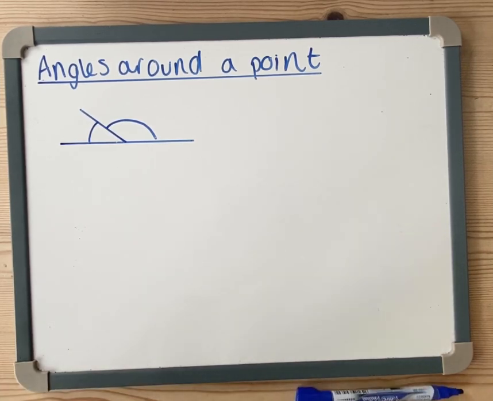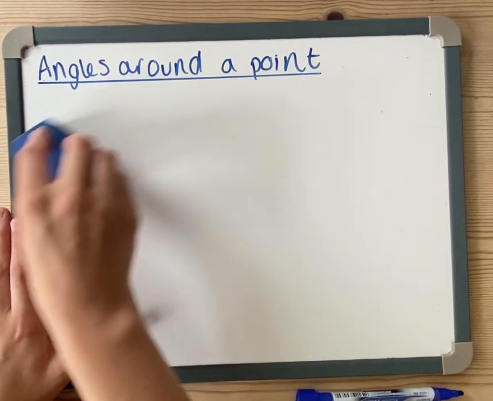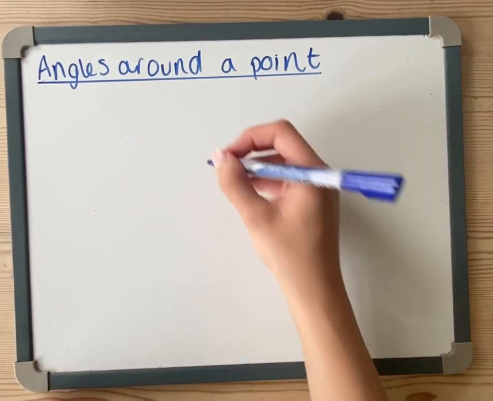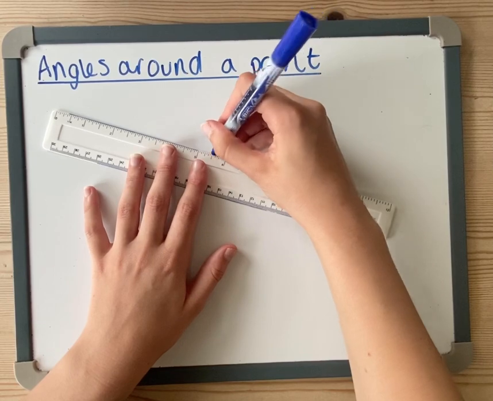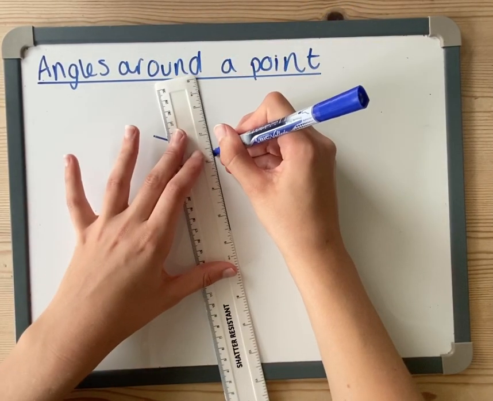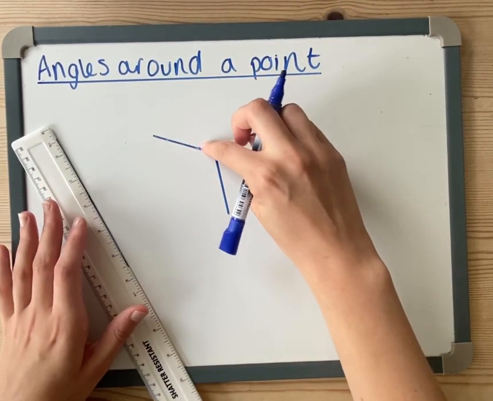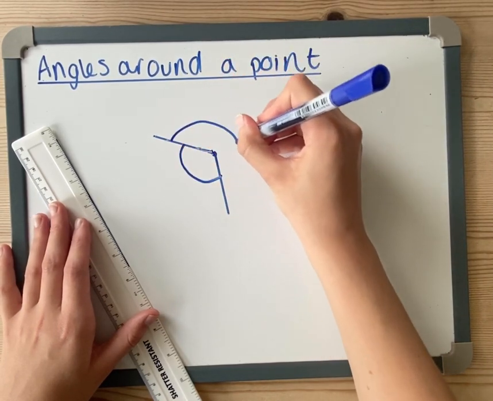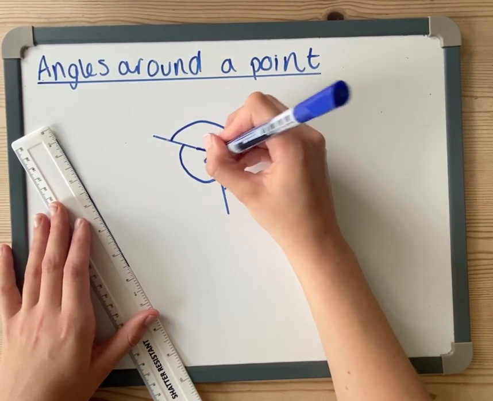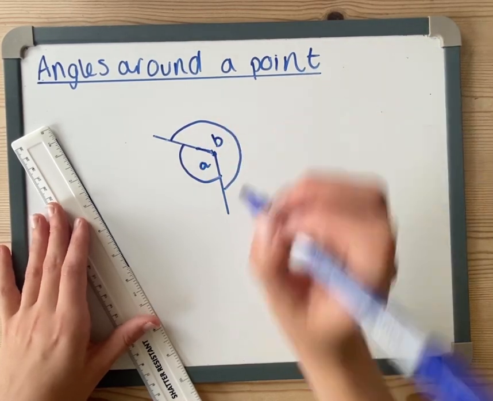They added to 180 degrees. We're now going to consider if we've got a point and that point is split into this angle and this angle, we are going to consider what these two angles add to.